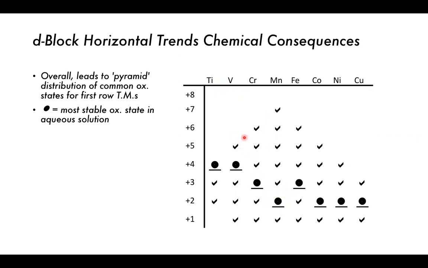So you can see that the oxidation states available increase up to manganese, and then after manganese, they decrease again. It's generally due to the stability of the d metal on losing extra electrons.